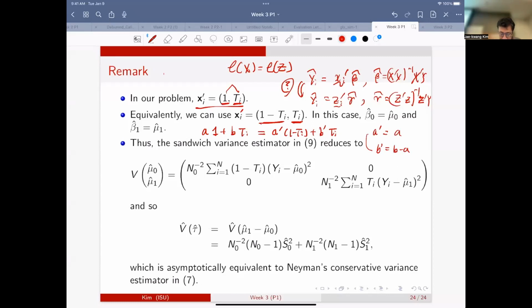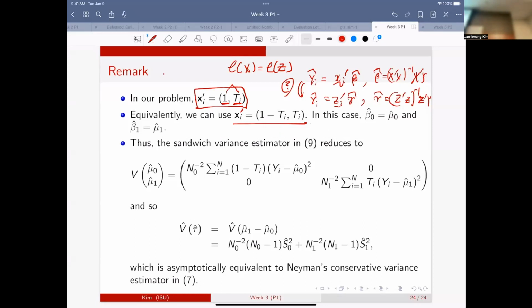So long story short, instead of using this column, instead of using this basis function, I like to use this basis function. Why?